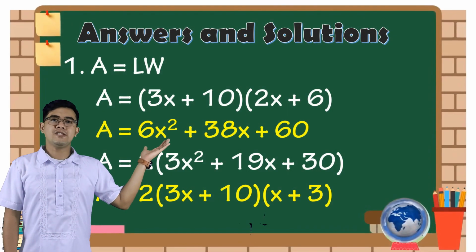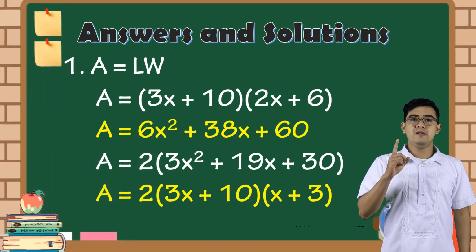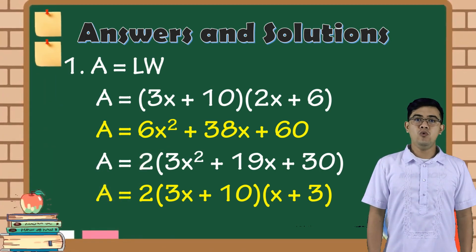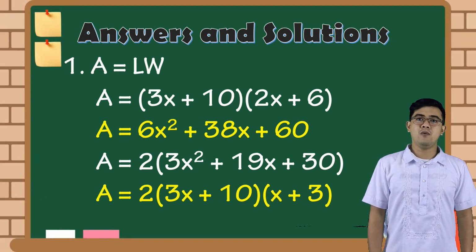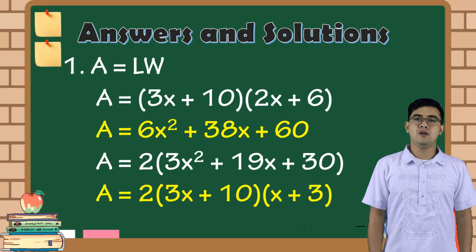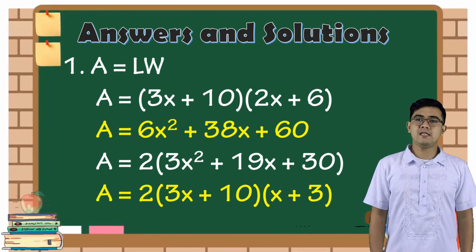Here are the correct answers in your practice exercise. Number 1, the answer is 2 times the quantity 3x plus 10 times the quantity x plus 3, or 6x squared plus 38x plus 60.